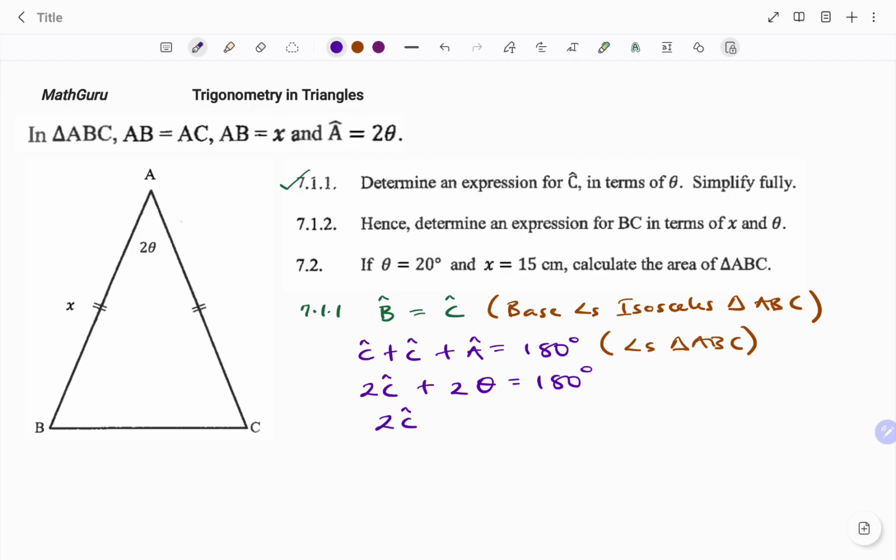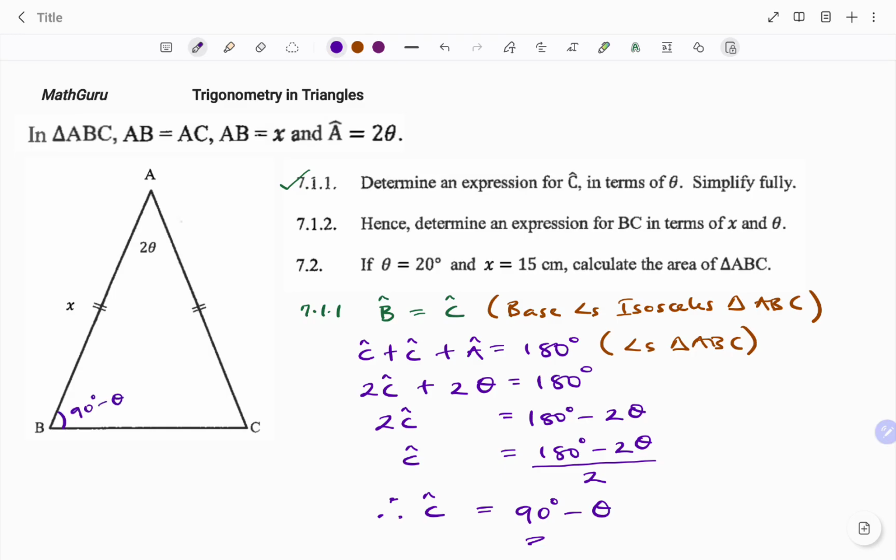Using the balance method, I have 2C equals 180 degrees minus 2 theta, and dividing both sides by 2, I have C equals 180 degrees minus 2 theta divided by 2. So therefore, the angle at C equals 180 divided by 2, that's 90 degrees, minus 2 theta divided by 2, that's theta. So therefore, you can say this angle is 90 minus theta, and this angle is also 90 minus theta.